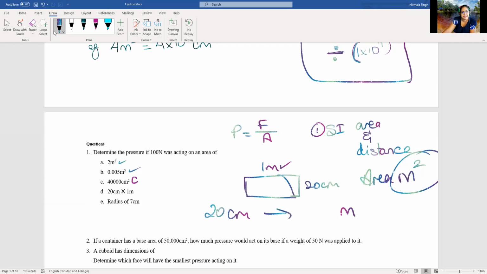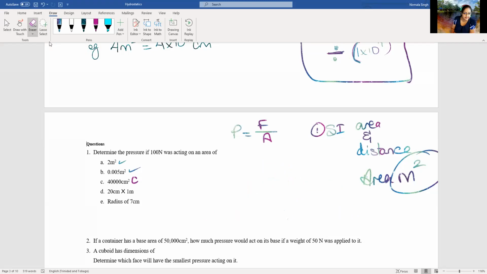How do we go from centimeters to meters? 0.2. Very good. We divide by 100. So I'm not going to write that down. You all should know that. So we know we'll have to convert for D.